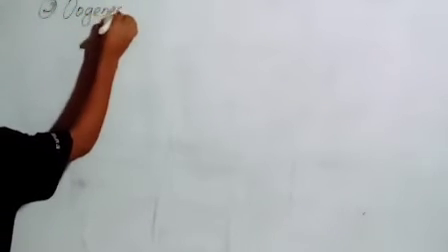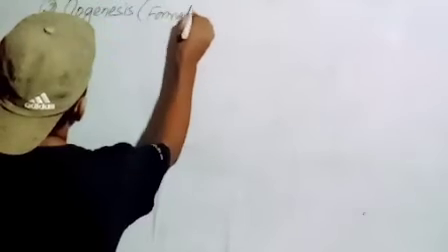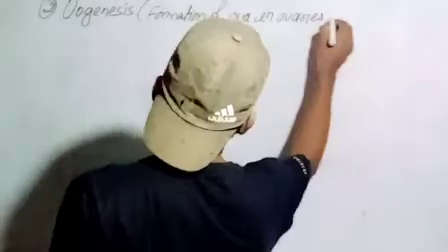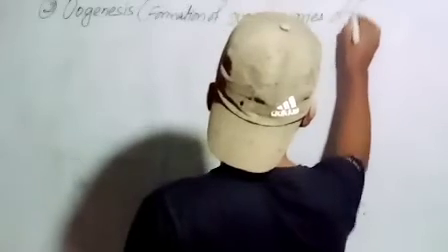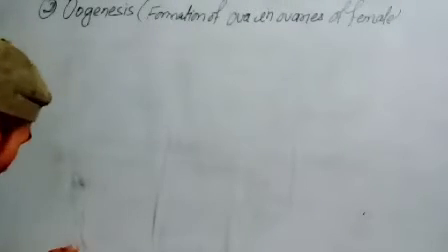So this is oogenesis. Oogenesis means the process of formation of ova in the ovaries of the female. In oogenesis it also takes place by three phases: multiplication phase, growth phase and maturation phase.